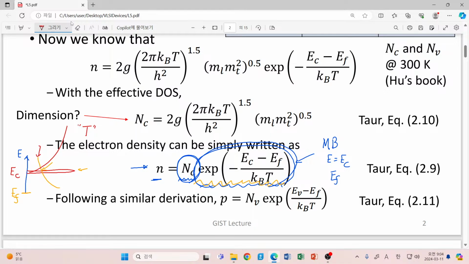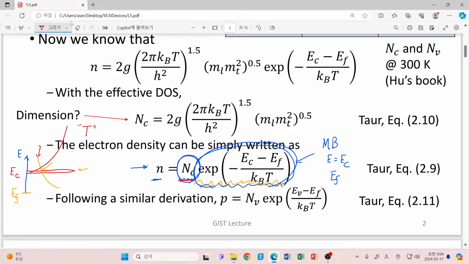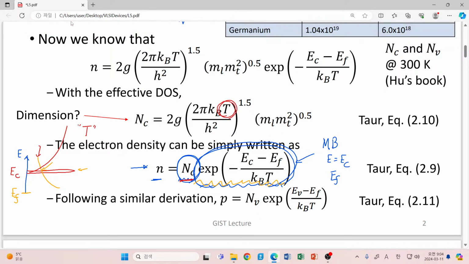So at a given temperature, we can define this N sub C. Please note once again that this is a function of temperature, so we have a strong temperature dependence on this N sub C.